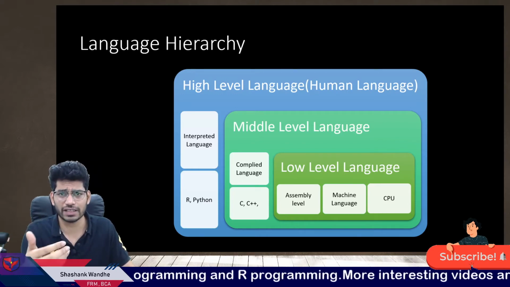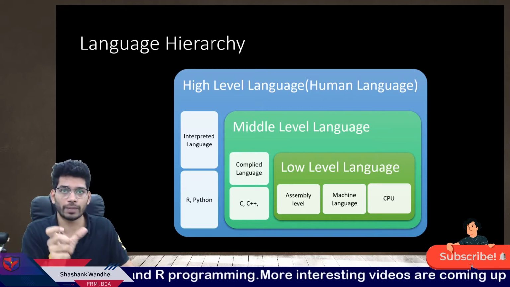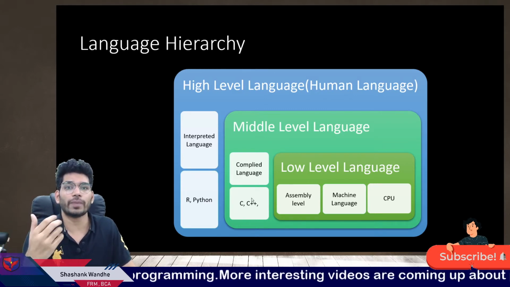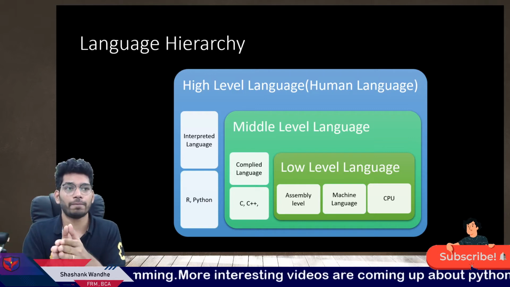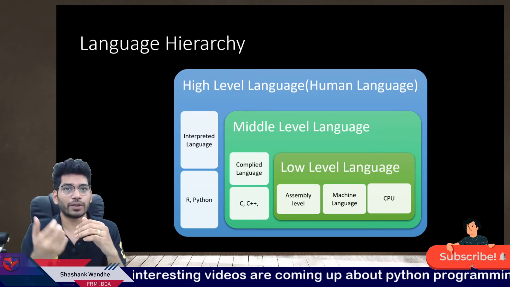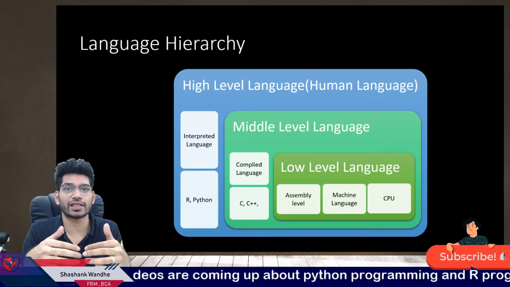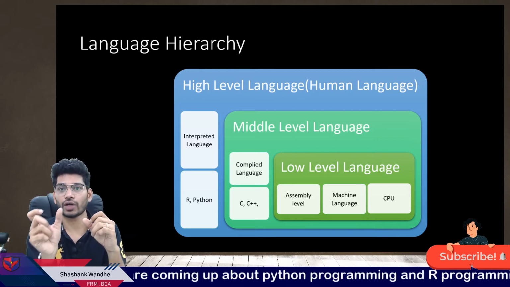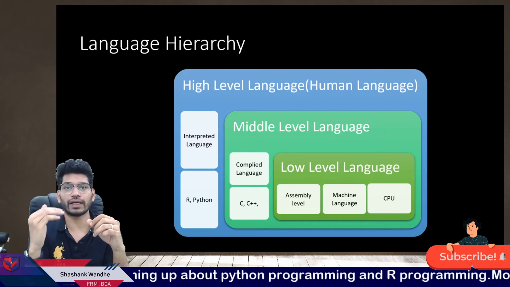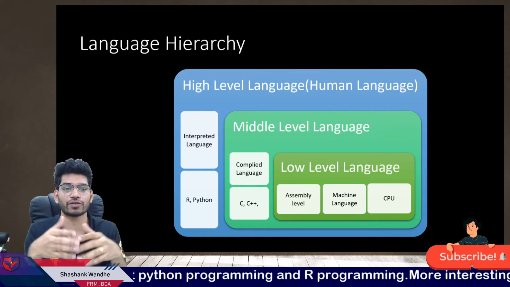But C++ can also be categorized as a high level language or human level language. So what are human level languages? If I say print hello, are you able to understand the meaning of print? Yes, we know print means it is going to generate some kind of output. Whenever you are able to understand the code, we consider that programming language a high level language or human language.